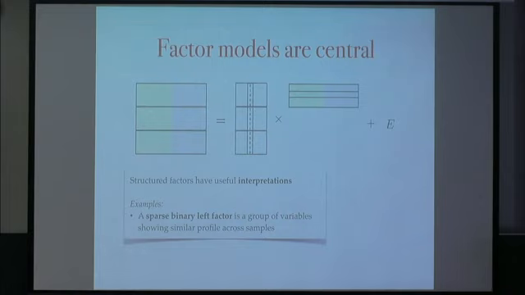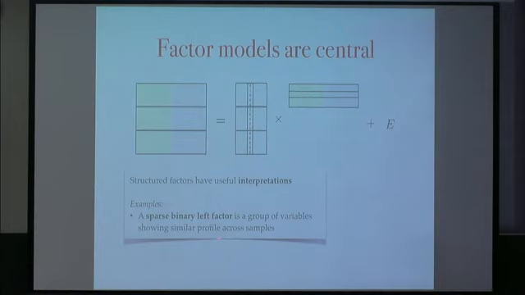Something else that you could do with factor models is add structure to the factors. And when you have structured factors, that leads to useful interpretations. So consider, for example, enforcing that the factors on the left are binary vectors that are sparse.